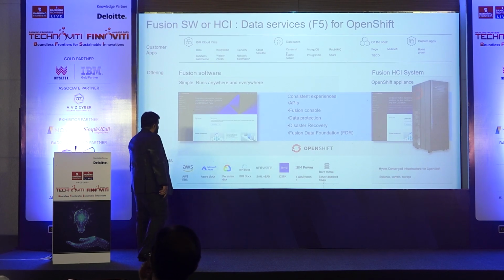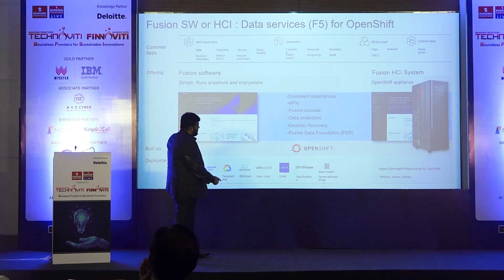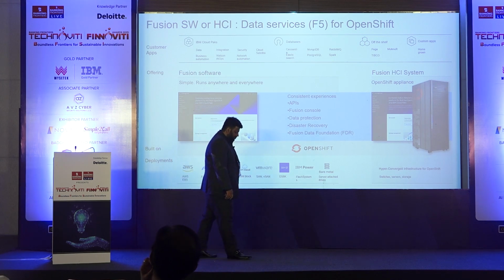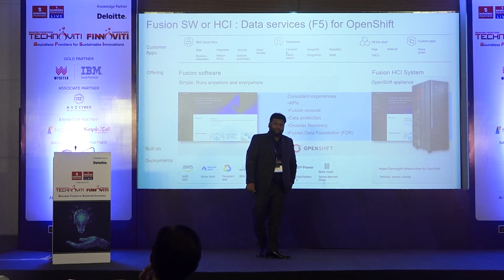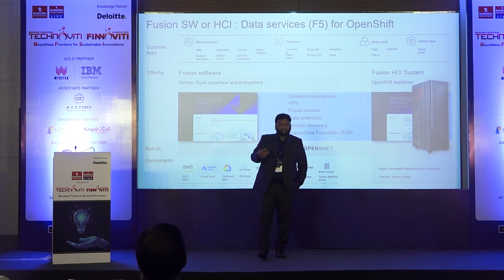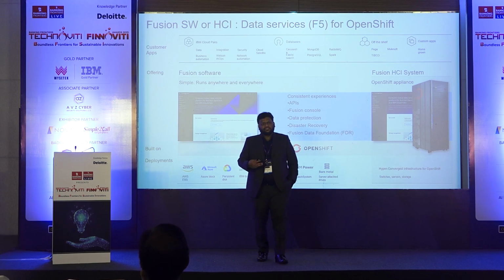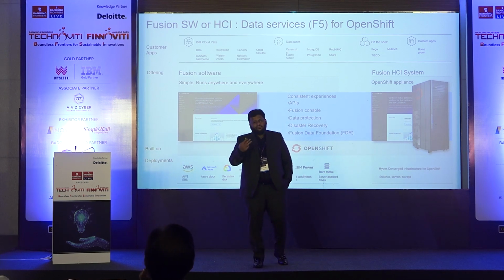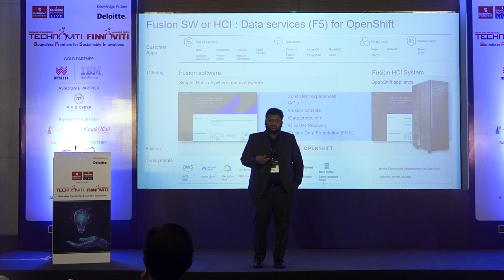Now, this is something which is important. This is our Fusion HCI system. Now, most of the new age systems that we have are container-based, right? Most of new age solutions that are coming through are not your typical, deployed on OS, and then we have application deployments. Most of the applications that you will see, or new age applications, are deployed on OpenShift or Kubernetes containerized based solution.